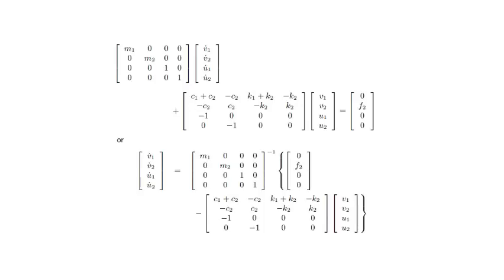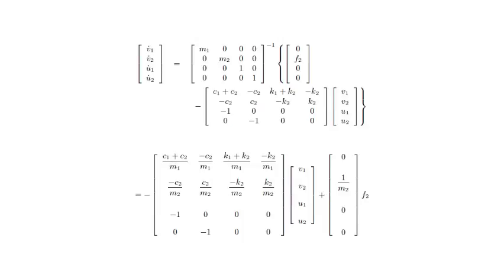So I'm just going to rewrite that equation and then manipulate it to get it in this form. So what I've done is, instead of thinking of this vector with 4 elements as 4 inputs of which 3 are 0, I've said, okay, let's just say I've got a single input, in which case my B matrix, instead of being 4 by 4, becomes 4 by 1.